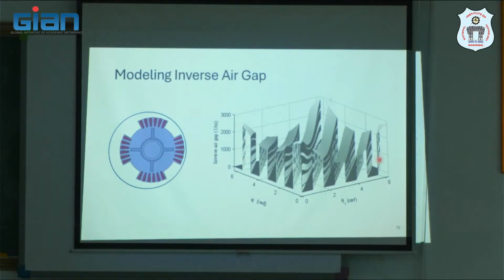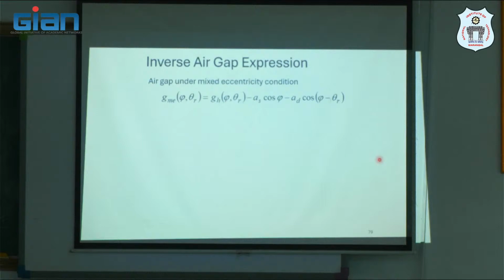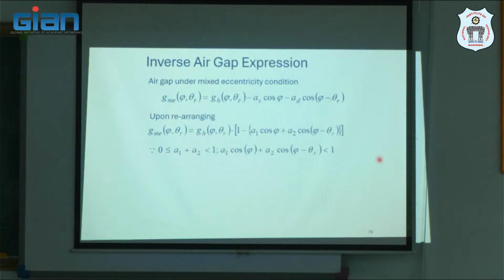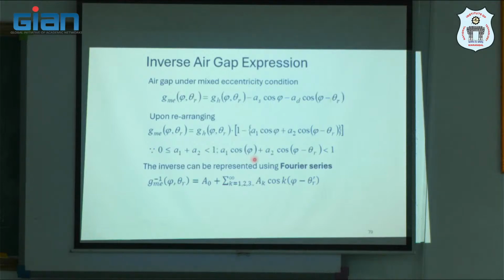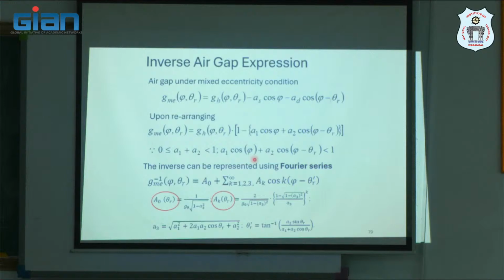An inverse function using traditional approaches has some drawbacks when it comes to modeling a salient pole machine, which is quite common in electric vehicles. So the traditional way of modeling the inverse air gap has been found to be inadequate, and we had to come up with a newer method of modeling this inverse air gap.